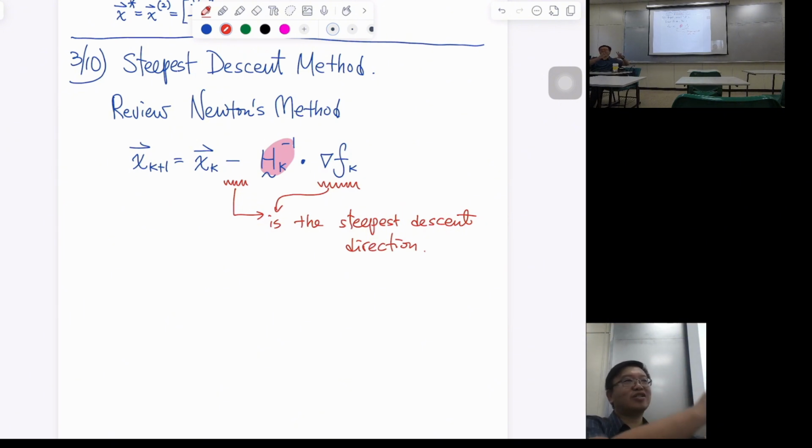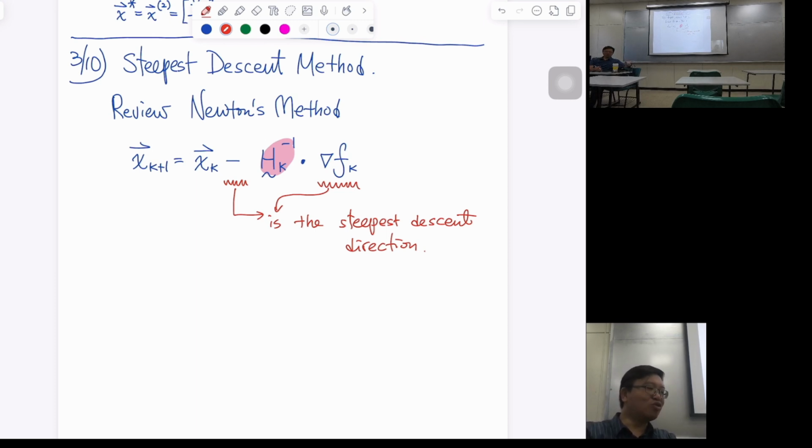There are some values inside. Definitely, after pre-multiplying the negative gradient, the direction changes, and also the length changes. So the inverse Hessian has the ability of adjusting the moving direction and also defining a proper distance. That's how good the inverse Hessian is, but it's costly.